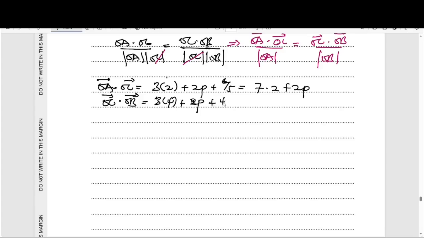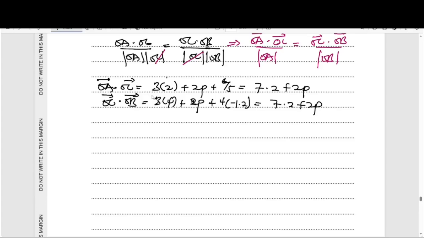But you found q to be negative 6 over 5, which is the same as negative 1.2. Then finally again we have 7.2, right? Because this is 12 and this is 4 times the previous one, so we have 7.2 plus 2p.